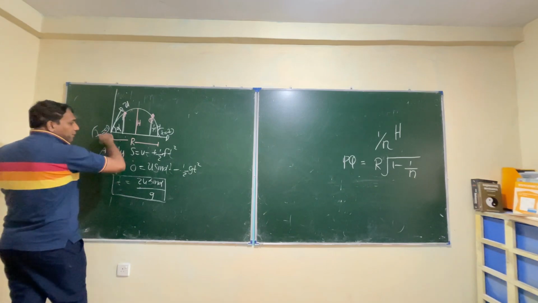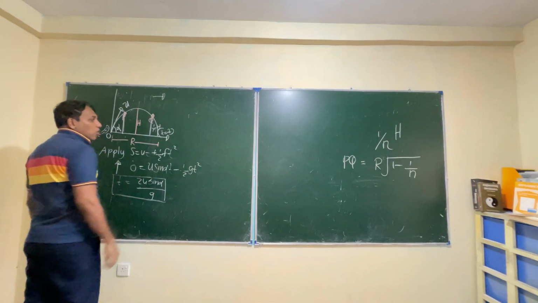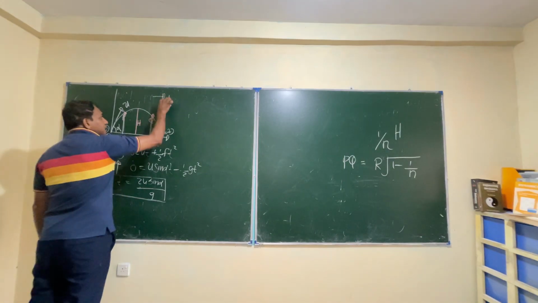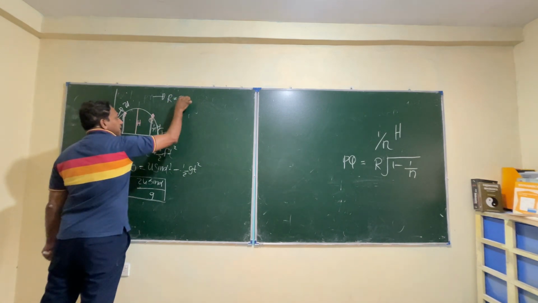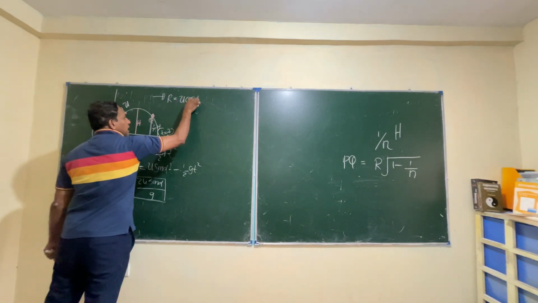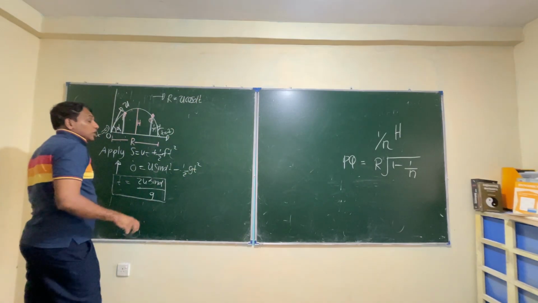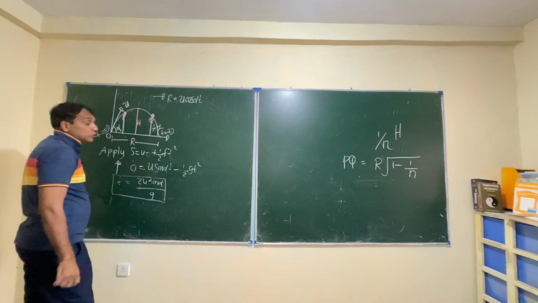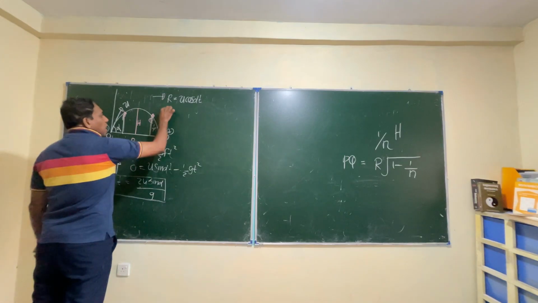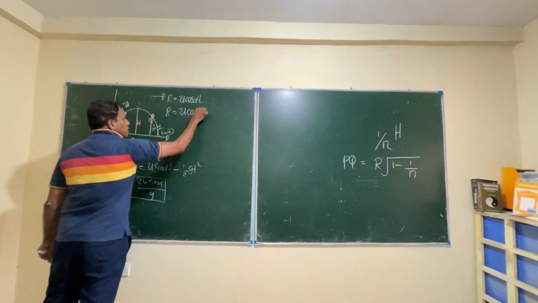I need to find capital R and H. Now I apply the same formula horizontally. Capital R, range, equals u cos alpha times t, since there is no acceleration and no force horizontally. Therefore, R equals u cos alpha times t.